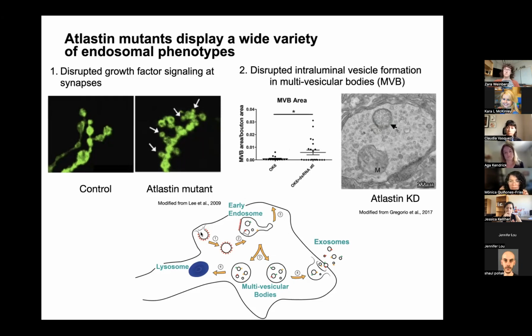And as I was showing before, endosomes go through these different maturation steps. And one of them is this multivesicular body stage that can then degrade or release cargoes to the outside of the cell, which could indicate that these mutants might have disrupted endosome maturation.